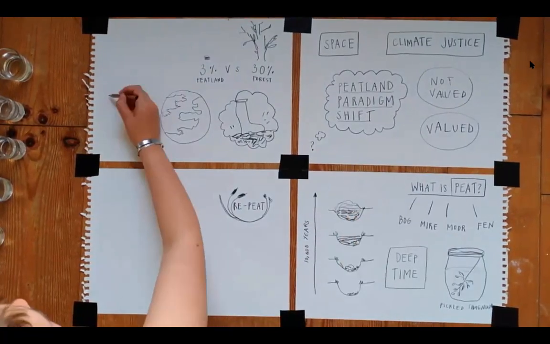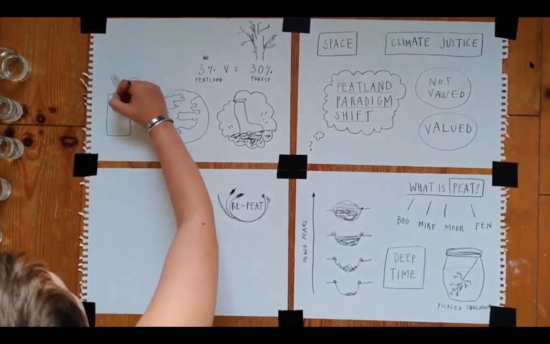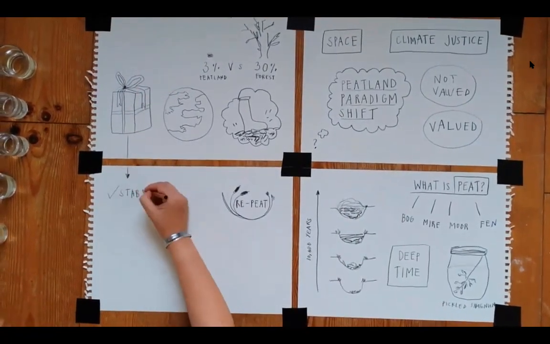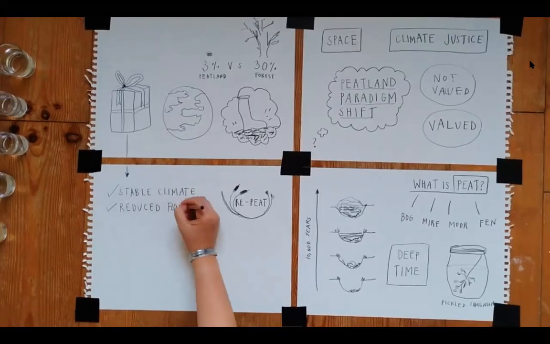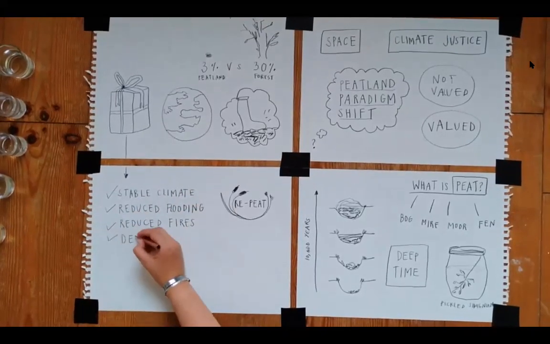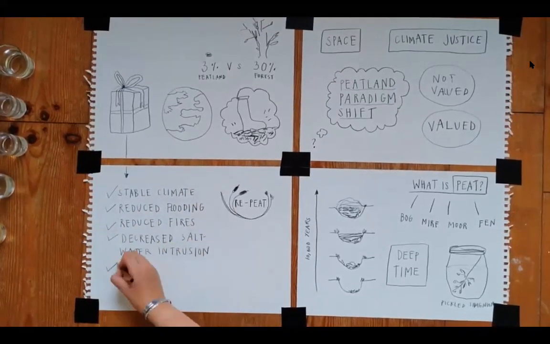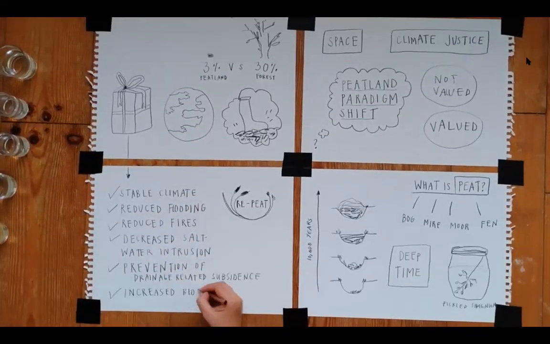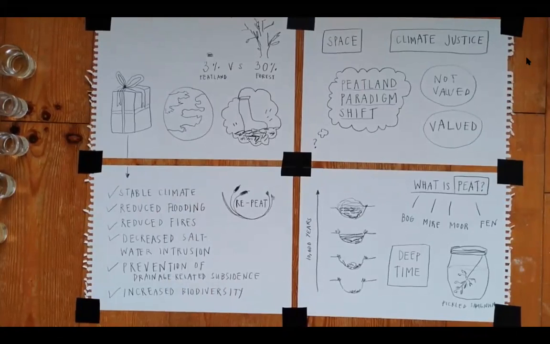Yeah, that's right. So part of the peatland paradigm shift is valuing the many gifts that healthy peatlands bring to the world. These include a stable climate system, reduced flooding, reduced fires, decreased saltwater intrusion, the prevention of drainage-related subsidence, and increased biodiversity. You can even find lots of weird and wonderful flora and fauna, like the insect-eating sundew.